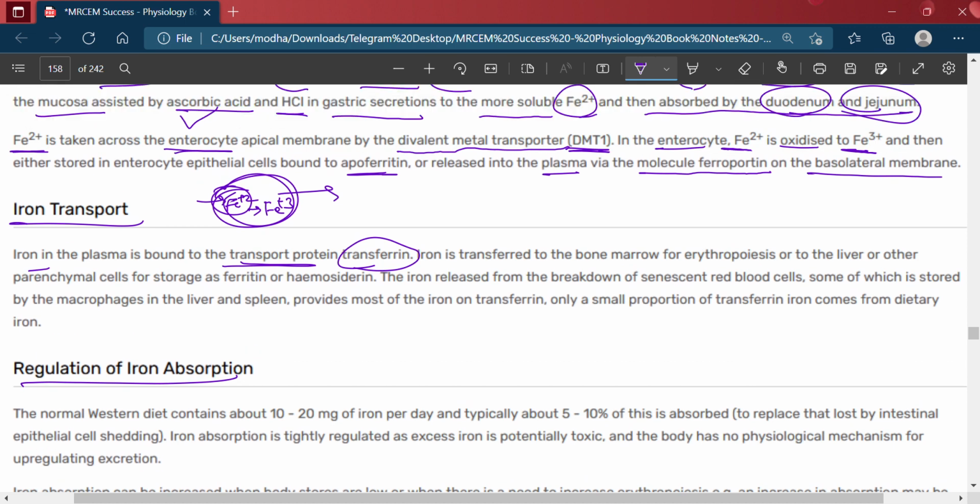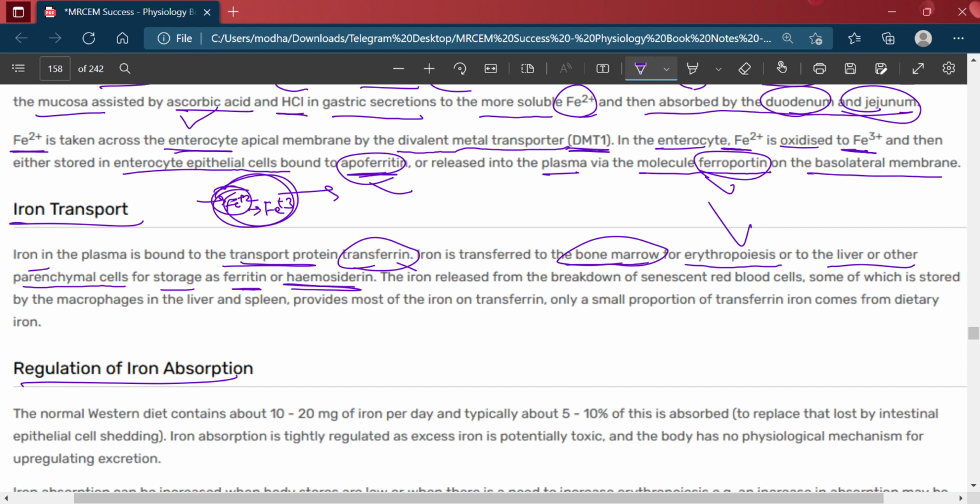As we have seen, iron is either stored in the enterocyte epithelial cells bound to apoferritin, or released into the plasma via ferroportin. Then, via the transport protein transferrin, iron is transferred to the bone marrow for erythropoiesis, or to the liver or other parenchymal cells for storage as ferritin or hemosiderin.